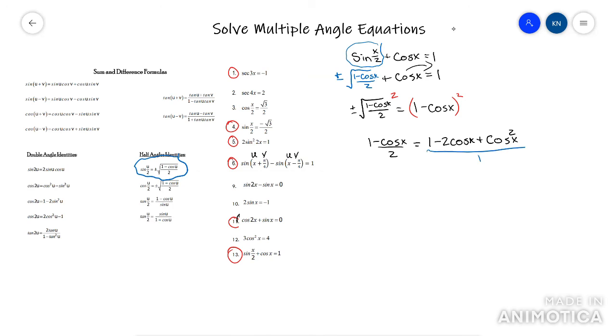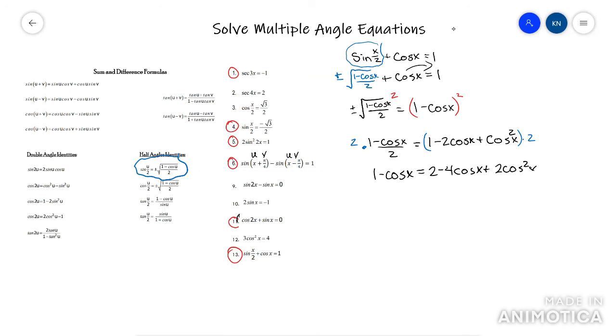So you can think of it as cross-multiplying, or you can think of it as just cancel the 2 by multiplying both sides of the equation by 2. So you're going to have to distribute on the right side. So on the left side, it just becomes 1 minus cosine x. On the right side, it becomes 2 minus 4 cosine x plus 2 cosine squared.